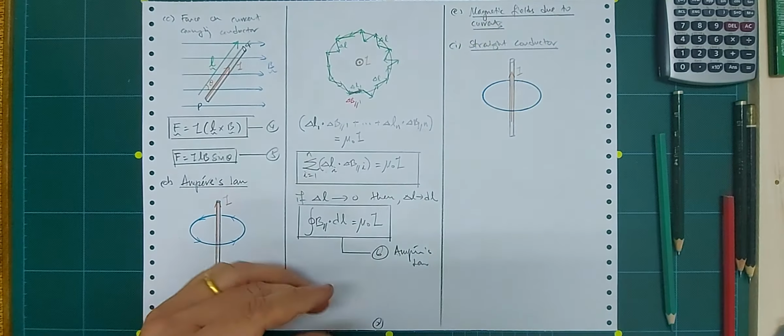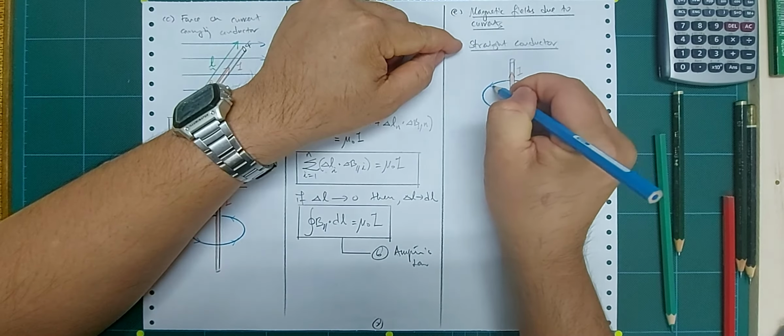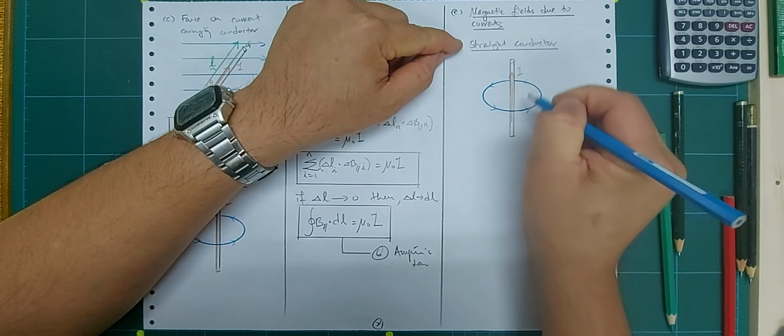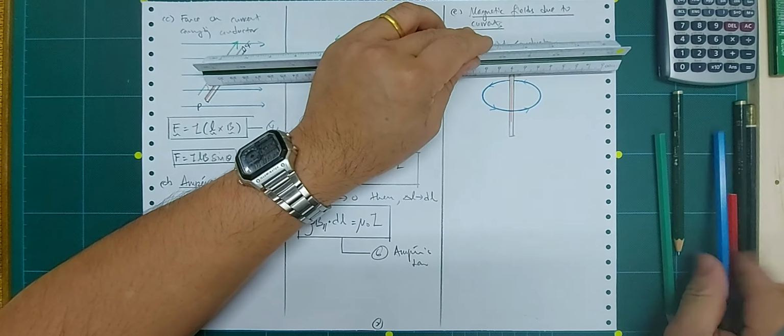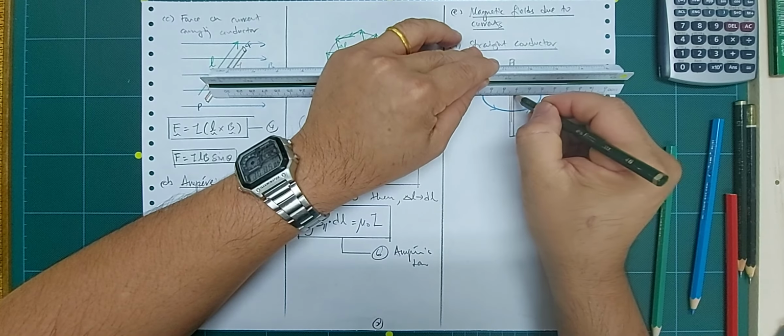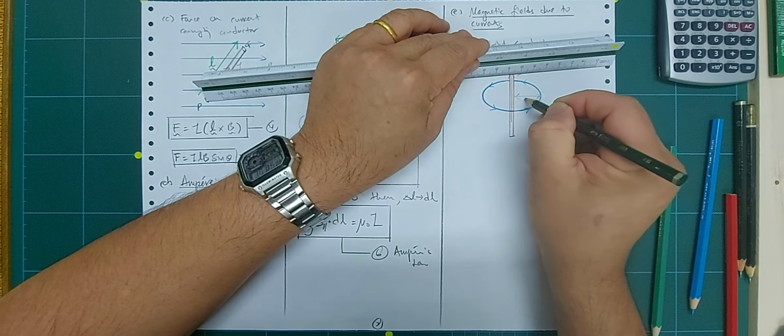Our magnetic field again will be in this direction, and we assume that the distance here is R.